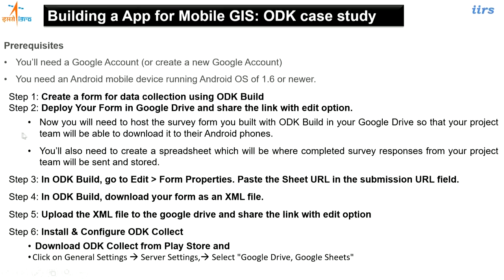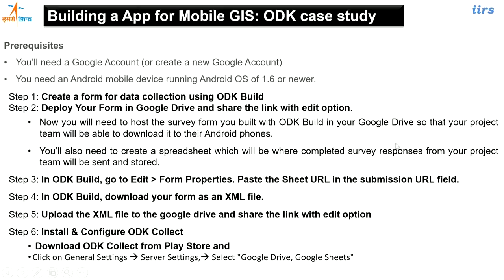So these are the three components. But for this demonstration, since I don't have any data center URL or any cloud with me, what I will try is this: ODK Build allows you to host your blank forms in Google Drive also. So the blank forms are in the Google Drive, and your field data also goes into the Google Drive.